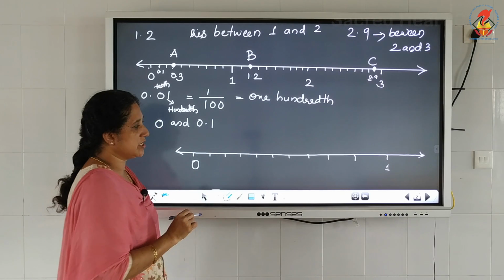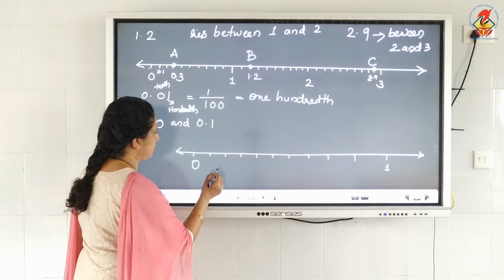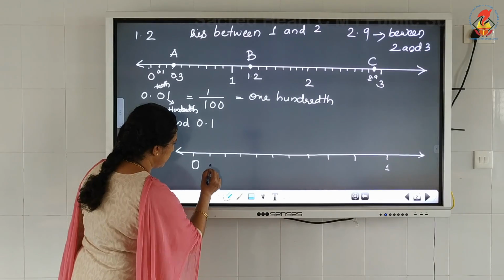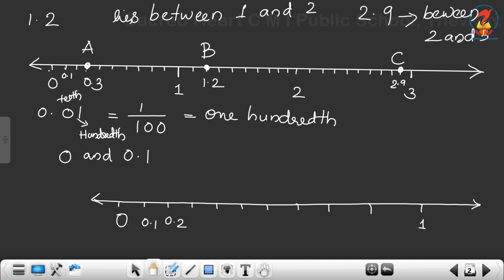The distance between 0 and 1 is divided into 10 equal parts and the first part will be 0.1, then 0.2, 0.3, 0.4, 0.5, 0.6, 0.7, 0.8, 0.9, after that 1.